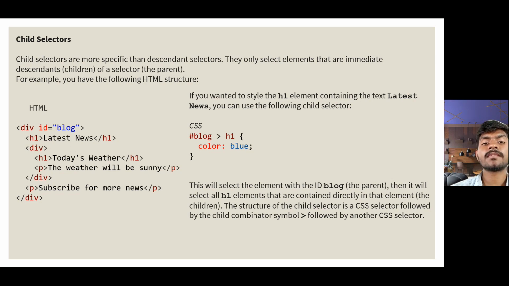Here we use it as CSS: hash blog, a greater than symbol and h1, and we apply the property color and the value blue. This will select the element with id blog, the parent, then it will select all the h1 elements that are contained directly in the element, the child. The structure of the child selector is a CSS selector followed by the child combinator symbol, greater than, followed by another CSS selector.